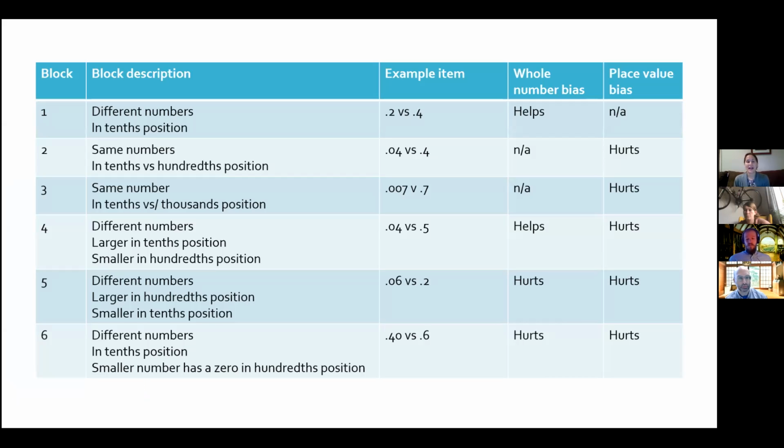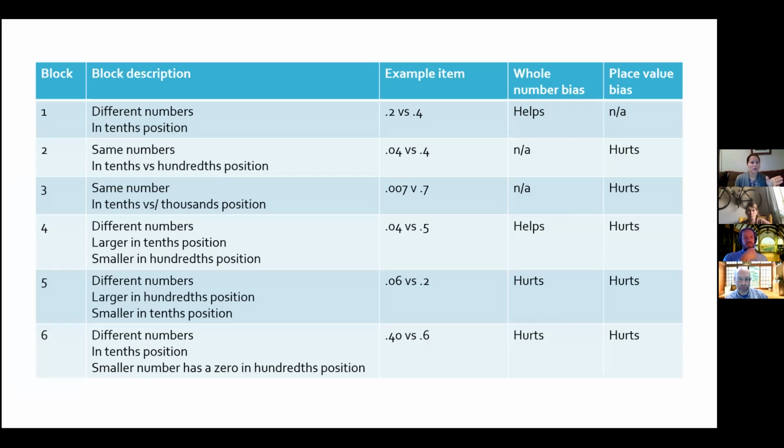Just to point out, the decimal comparison task was designed much in the same way, where we identified in the literature common errors, or really strategies, that children misapply when they reason about decimal magnitude. One is whole number bias, again, where they use whole number properties, and the other is a place value bias, meaning they don't understand what place value is.